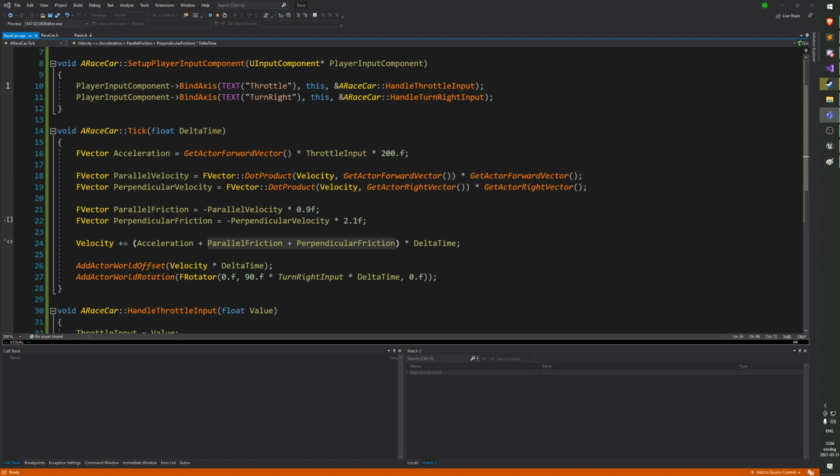So perpendicular friction would be your perpendicular velocity times 2.1, and then you add that together, so it would be 2.1 of your perpendicular velocity in the other direction. Yes. Wouldn't that just make you stop and go in the other direction, like instantly?